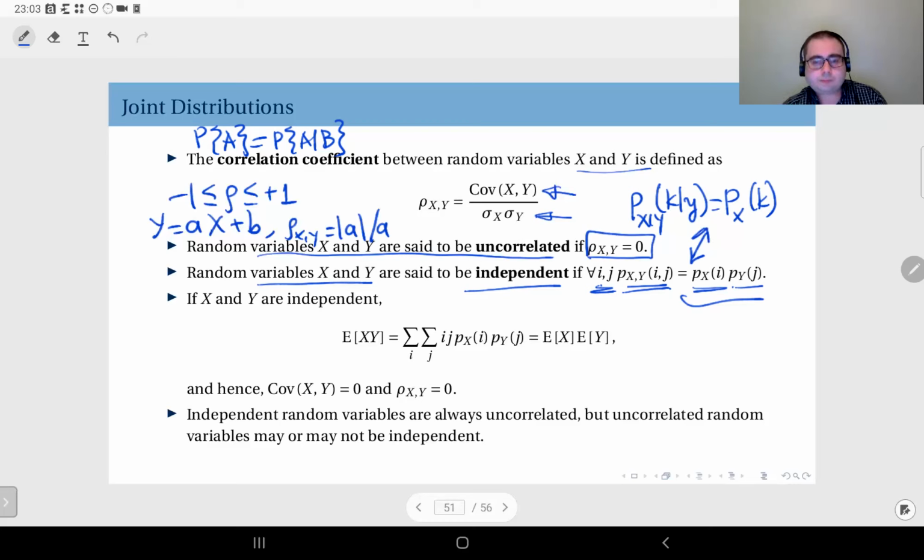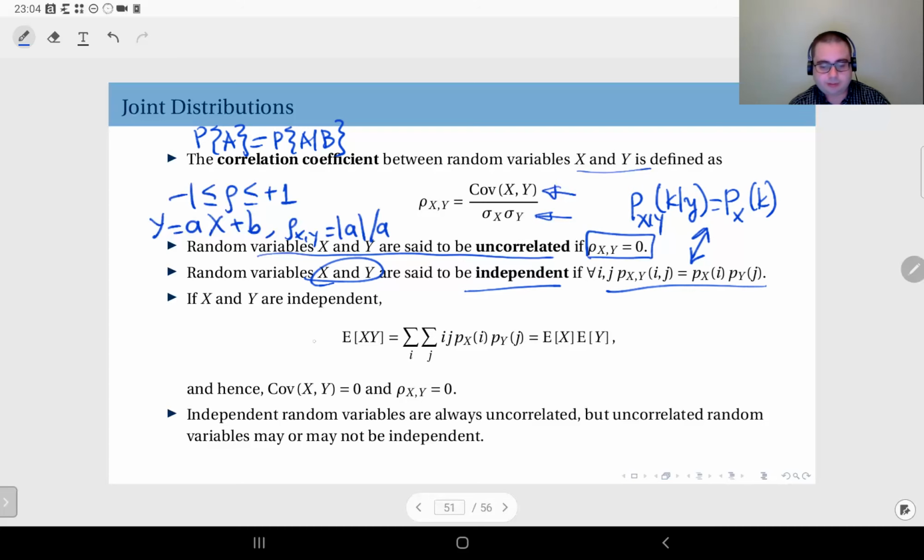However, if you have more than two random variables, remember in independent events, the product form by itself does not guarantee independence. Here, that is the same. The pair of random variables is a special case. If you have just two, X and Y, the product form guarantees independence. But if you have more than two random variables, X, Y, Z, for instance, then the product form may not guarantee independence. So be careful about this.